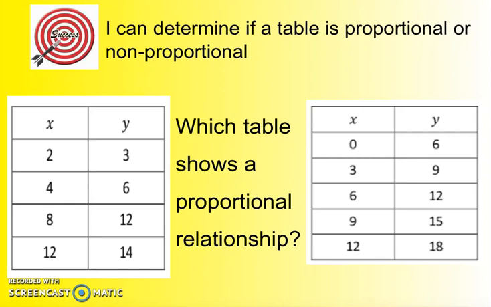And then the last thing is that both sets of data have to start at 0. Okay? And so looking at this, is there possibly a table that shows a proportional relationship?